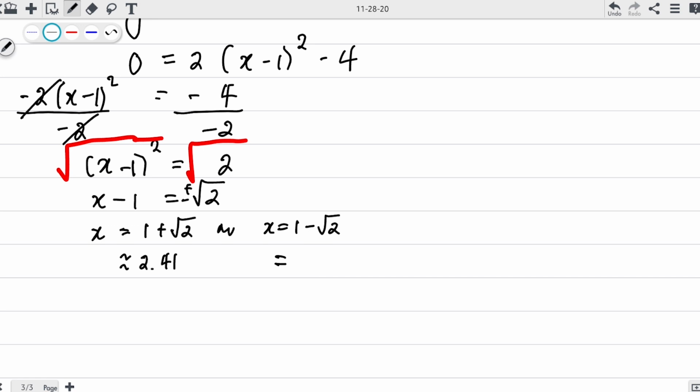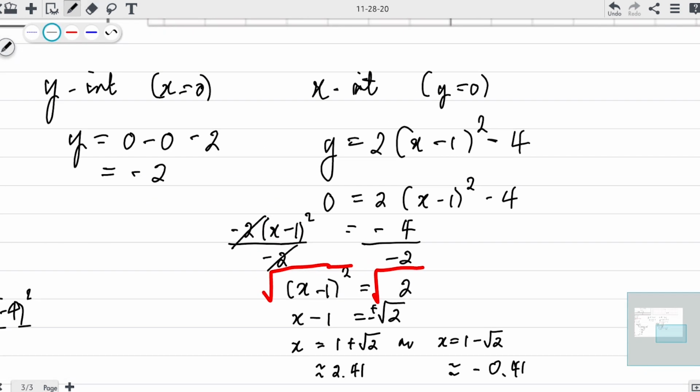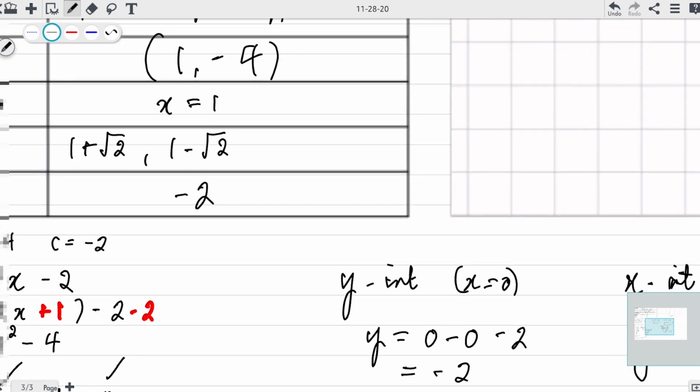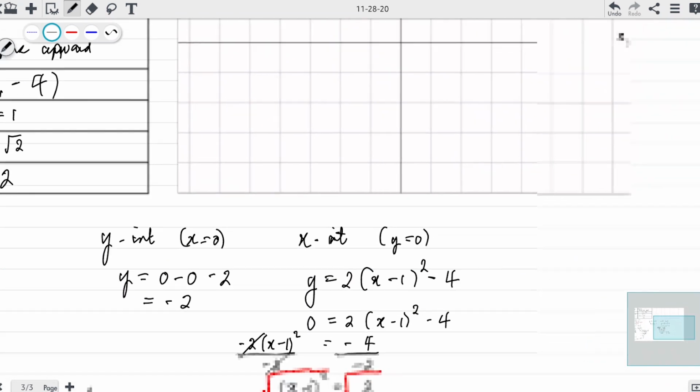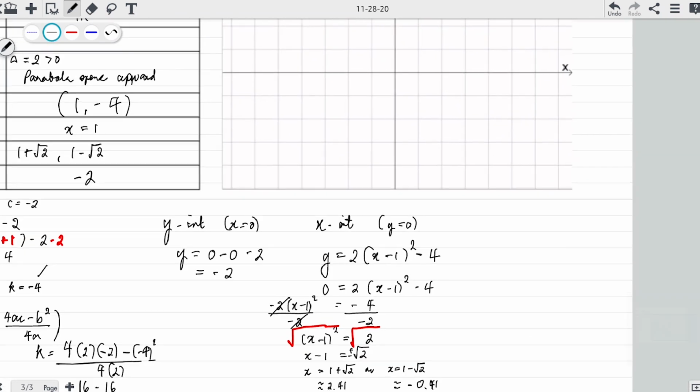So, the second one is approximately negative 0.41. So, those are our x-intercepts, 1 plus square root of 2 and 1 minus square root of 2. Depende kung ano gusto ng teacher nyo. Kung dapat ganito, ito kasing exact value. Pero syempre, pag piniplot mo yan, kailangan mo yung decimal representation.